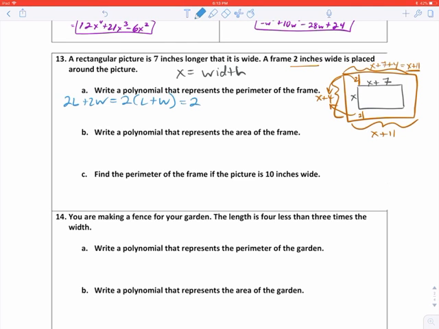Then I am going to go ahead and write in what my length is and what my width is. My length is going to be x plus 11, and my width is going to be x plus 4.